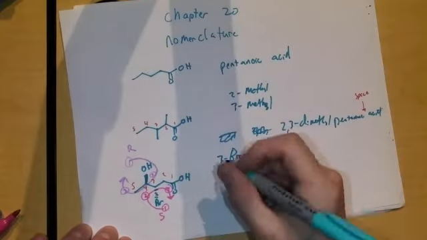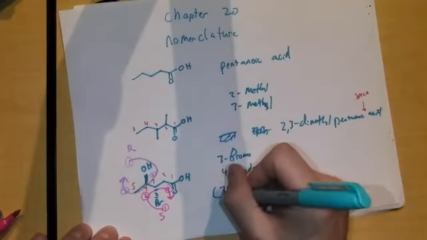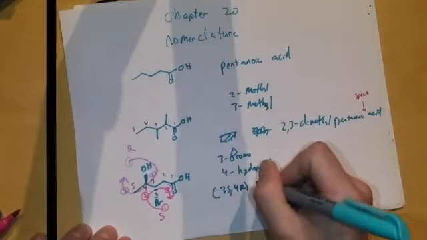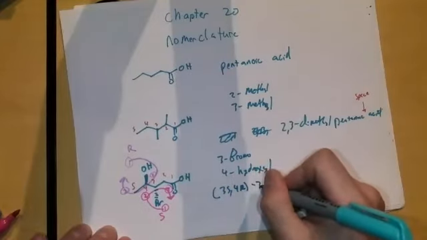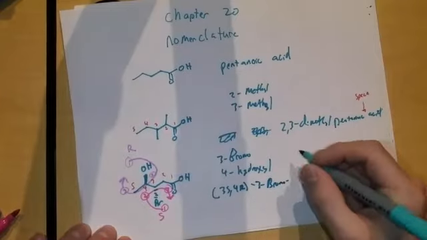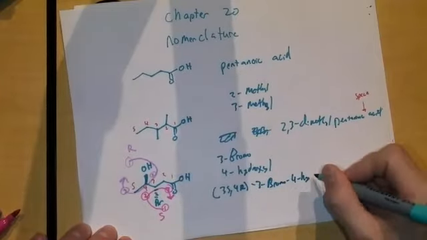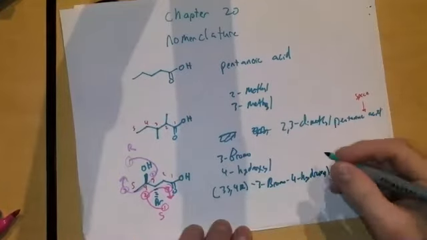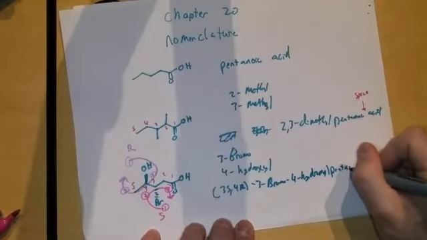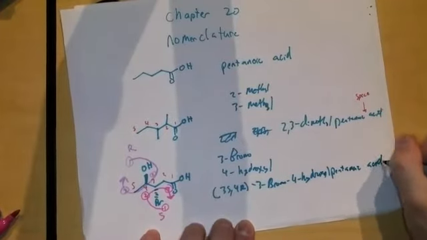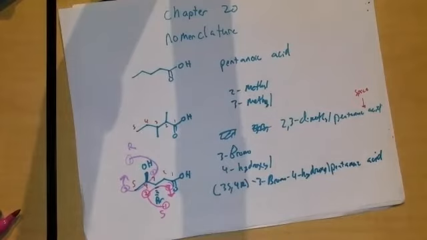So 3 was S, 4 was R. B comes first, so 3-bromo, 4-hydroxy, pentanoic acid. Should be pretty straightforward. We're doing the same thing we just were doing, just adding oic acid at the end now. All right, so that's nomenclature for these.